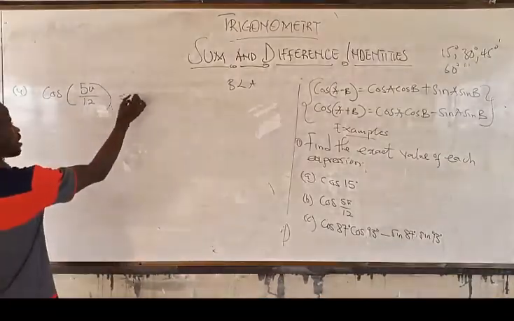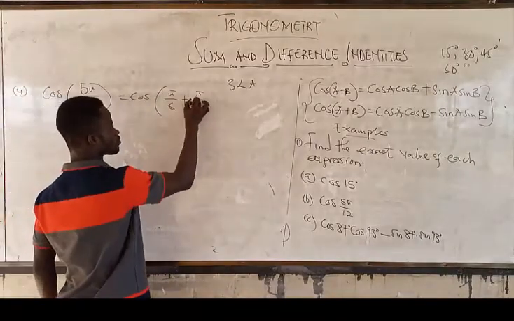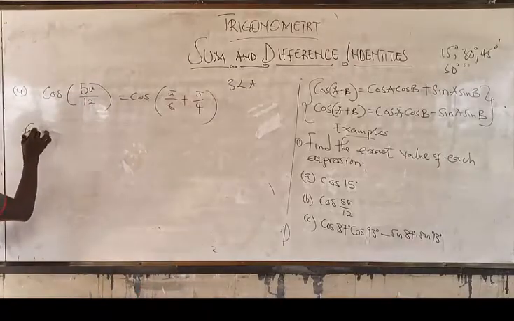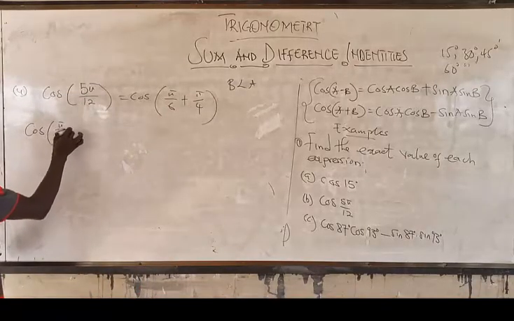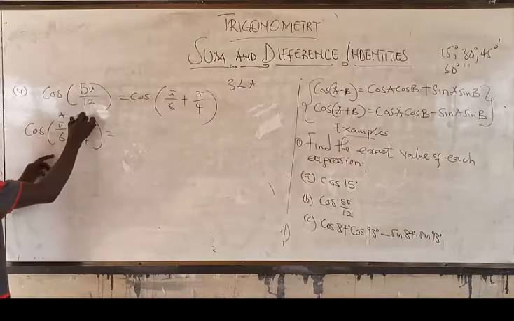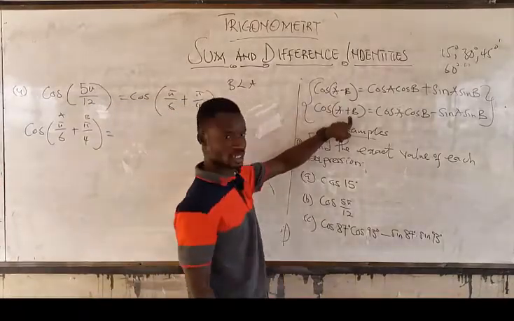So this is the same as cos, so this will be A, this will be B. But we are not going for this minus, but we are going for this.